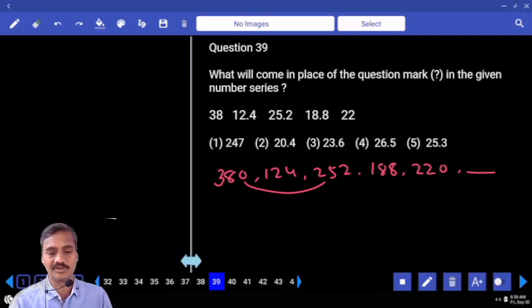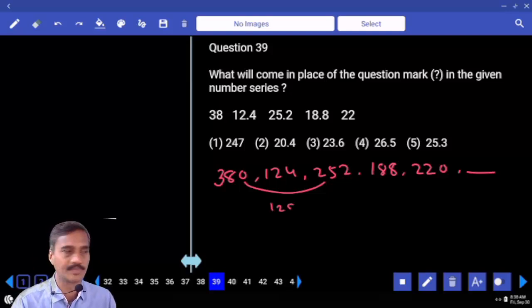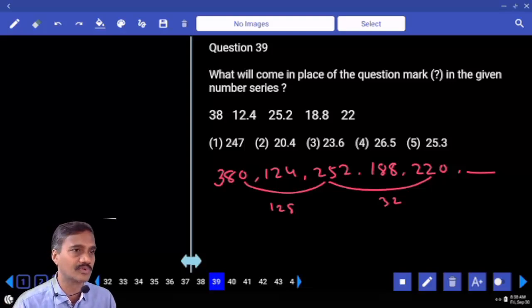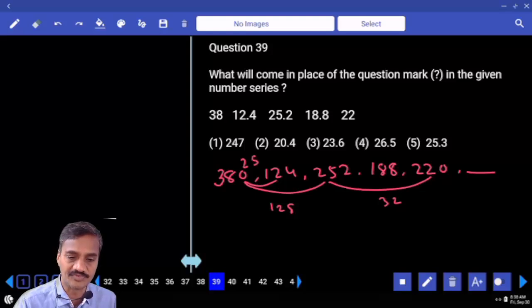The difference between 380 and 252 is 128. Then here the difference is 32. Then my regular difference, 380 and 124, is 256.